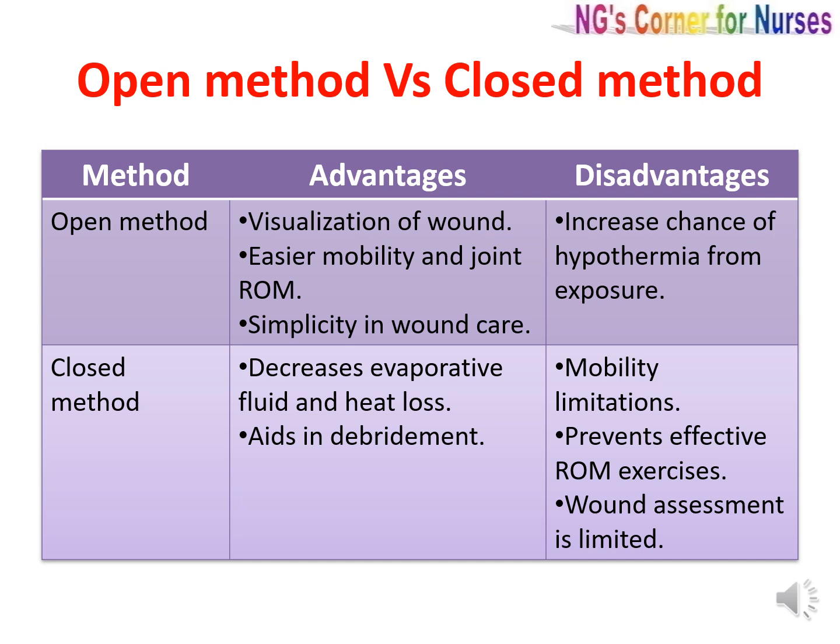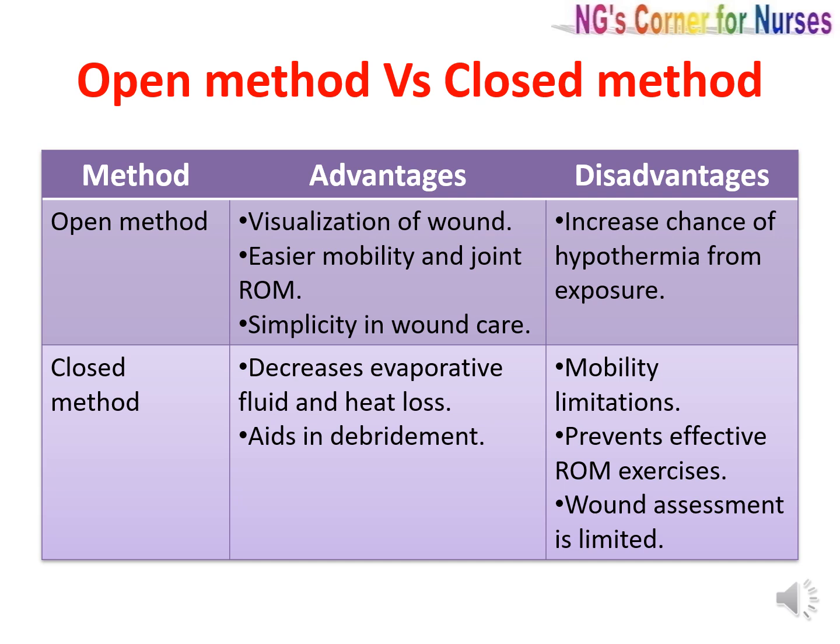Let's see the advantages and disadvantages of the open method and closed method. First are the advantages of the open method: visualization of the wound, easier mobility and joint range of motion, and simplicity in wound care. And what are the disadvantages of the open method? It increases the chance of hypothermia from exposure.